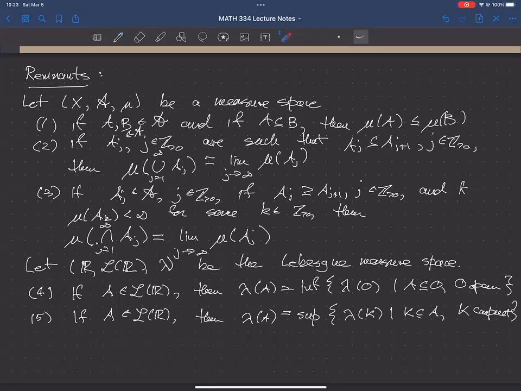Okay, so the idea is similar to this. Now we're going to imagine taking our compact sets K that are contained in A and growing them to fill out A, and then the Lebesgue measure will be the sup of all such things.